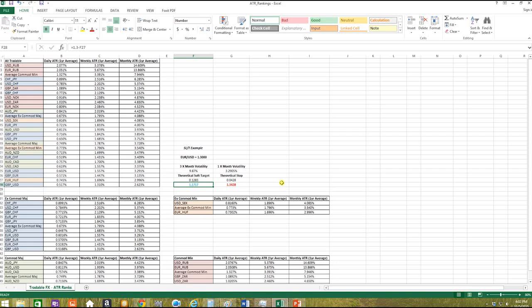So what we could actually do here is put on a half size position rather than put on our full size position, and widen the stop loss and widen the target, and add to the position when it's actually working.